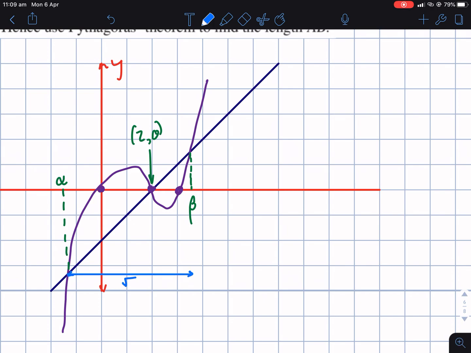We found that that's root 13. We don't know this length between the 2 points, and that's the run between them, by the way. And this will be the rise. And then this length is what we're actually trying to find.